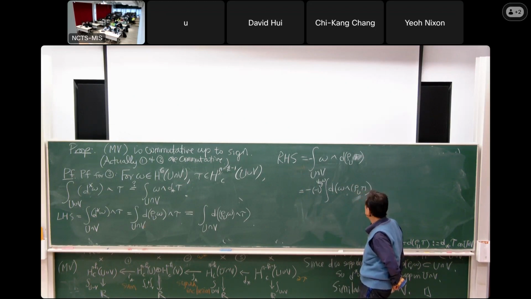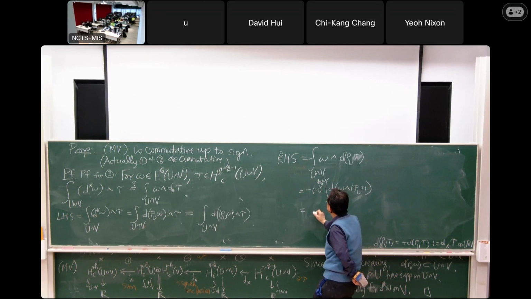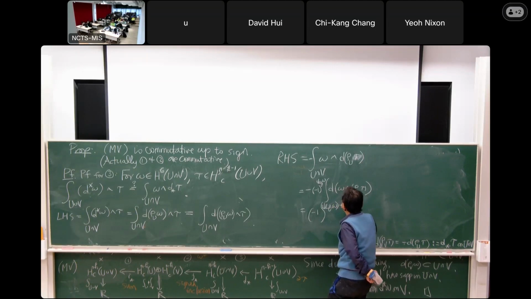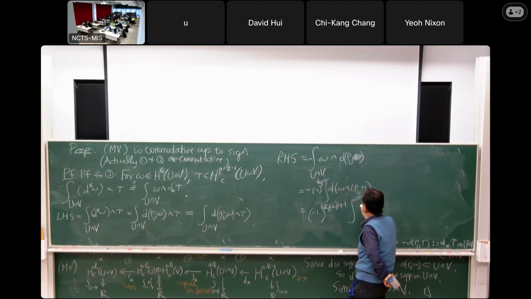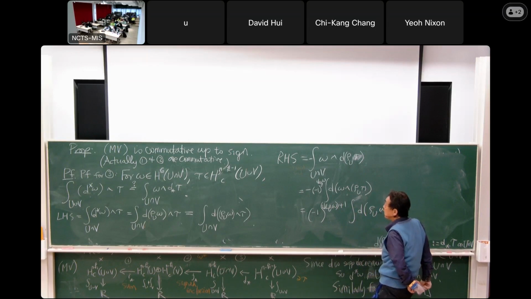And okay, rho u is just a function, right? So I can move it around. And so I can write this as d of rho u omega wedge rho u omega wedge tau.